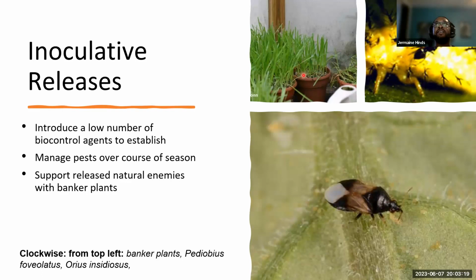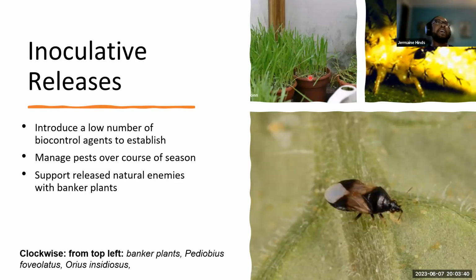Let's say you have the minute pirate bug that you're using in a greenhouse. You might have aphids that are not mobile, while these insects are mobile, so they can migrate to the banker plants and suppress that population, but it's also keeping a stable prey resource.